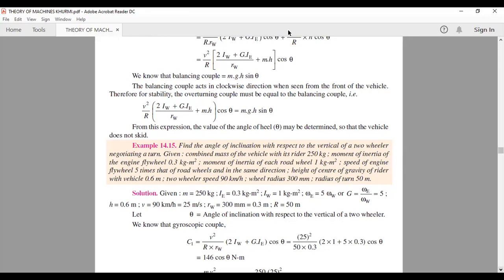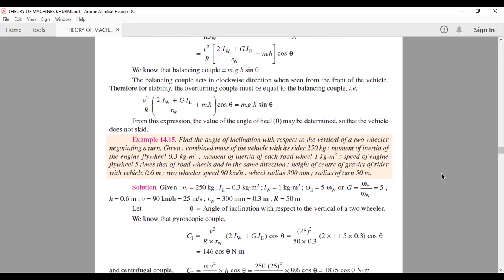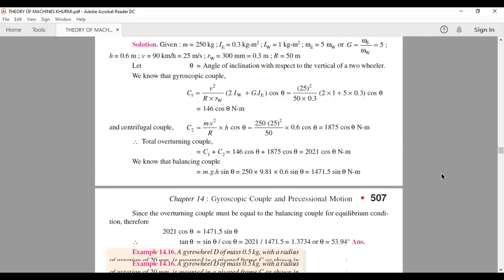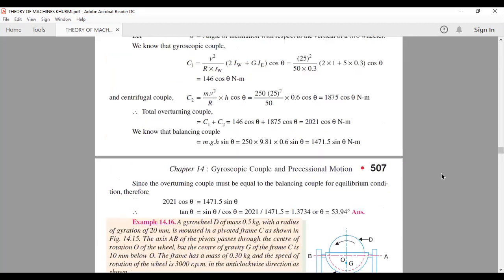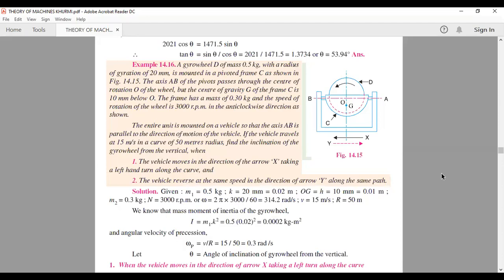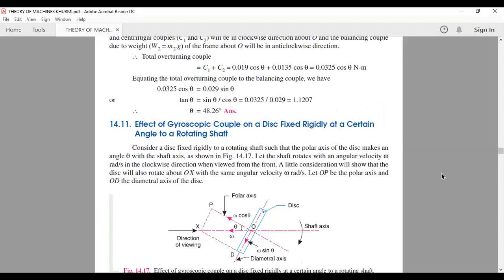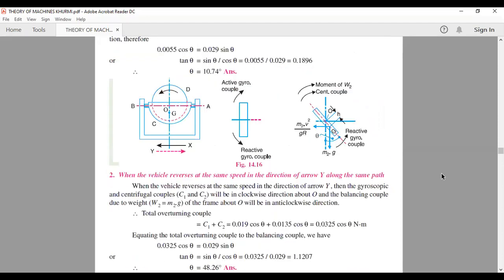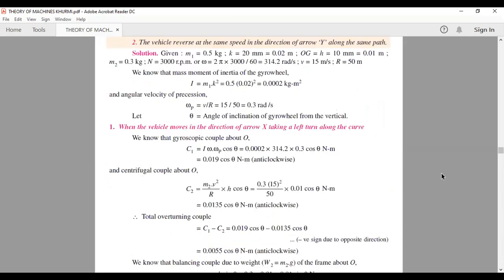Next, we have defined the problems here, two models. First one is the simple problem. Second one is a little bit large.